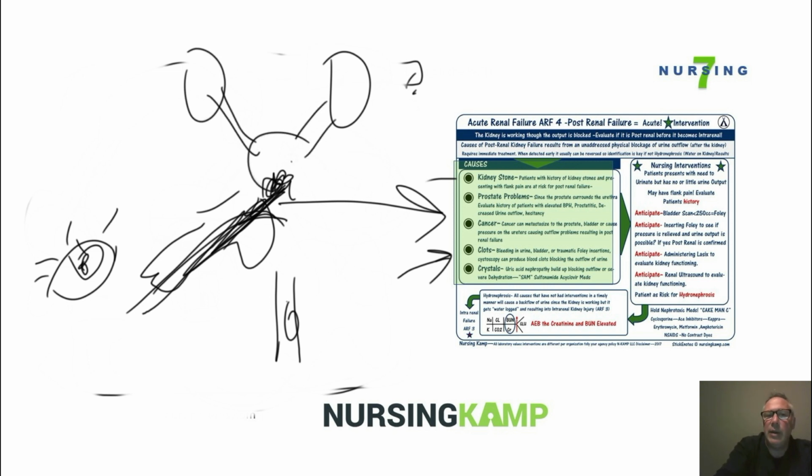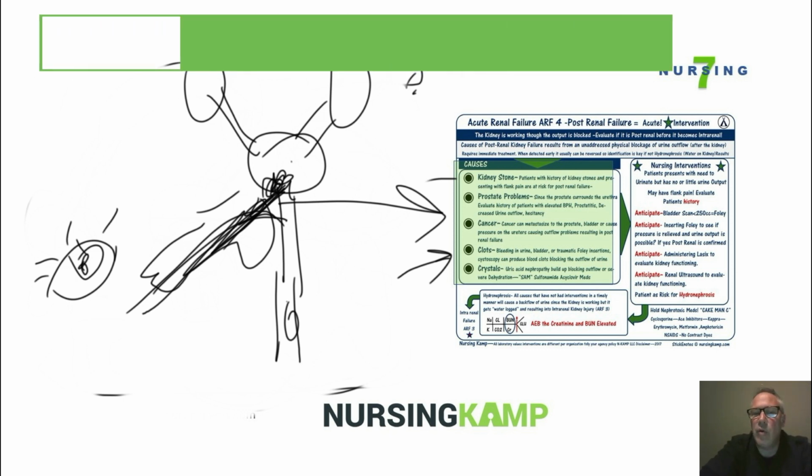And that's the big key about this, is that post-renal is a little bit more treatable, in the sense that we just try to recognize that there might be a problem.